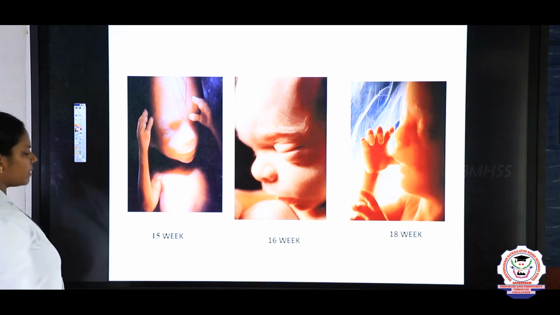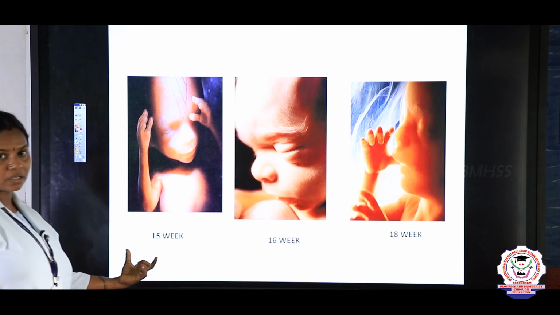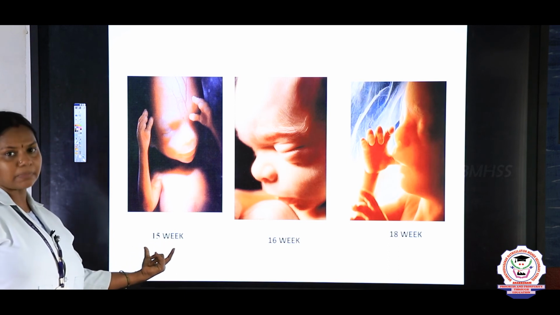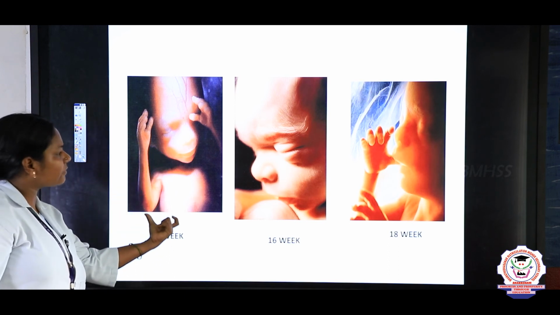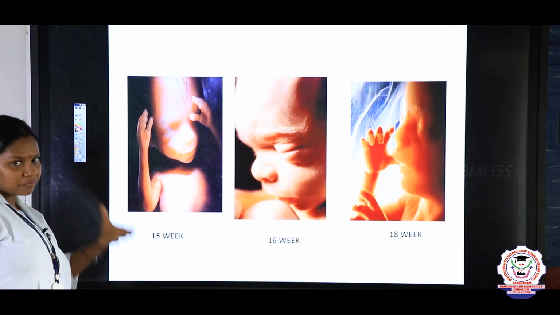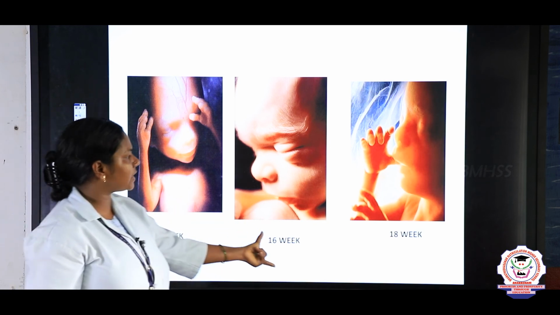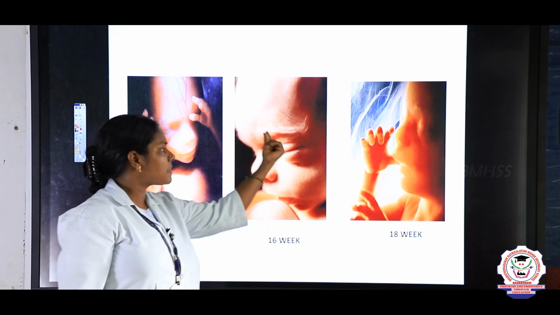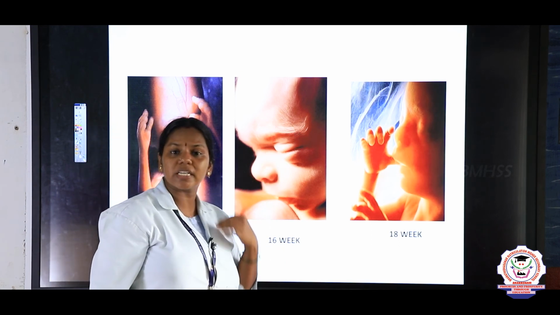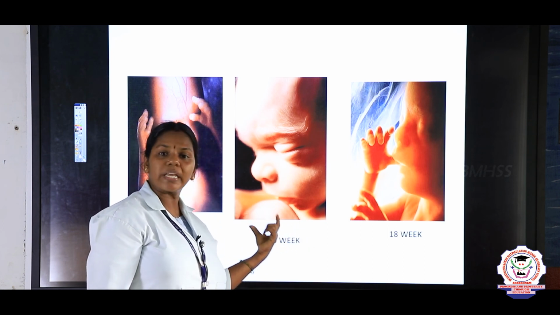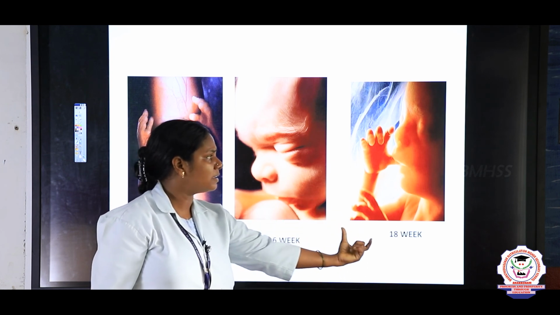So, just look at this image, children, at the 15th week, right? 15th week, in the sense, nearly the 3rd month. We can see after the first trimester, the development is like this, and in the second trimester, hair, eyelashes and eye blinks started to grow, and the body is fully covered by skin.